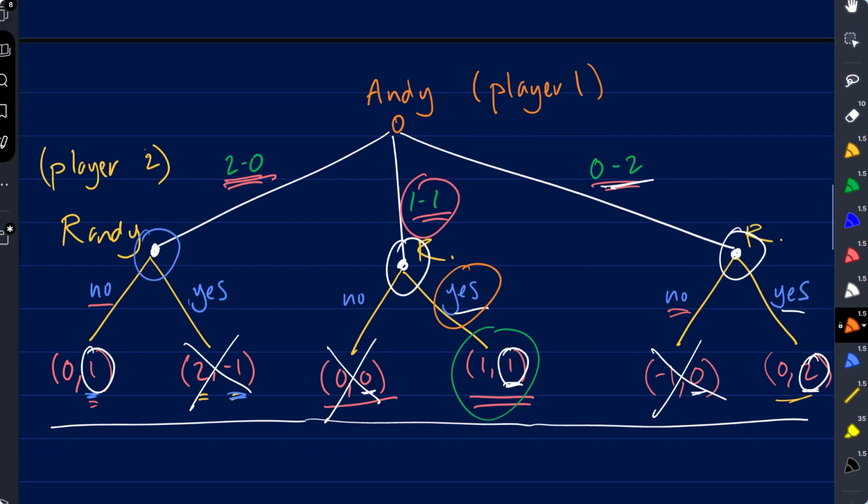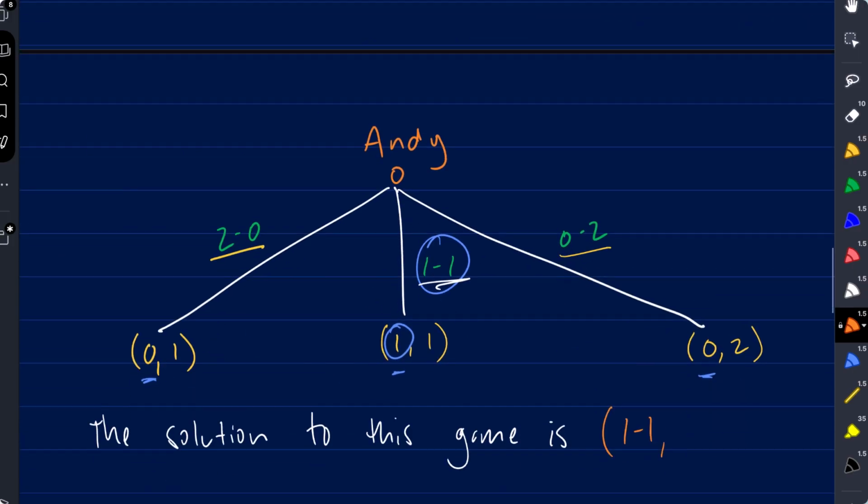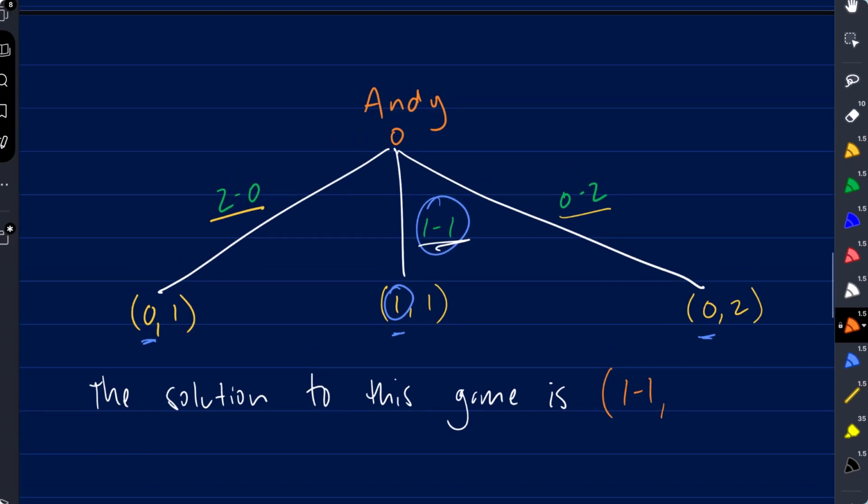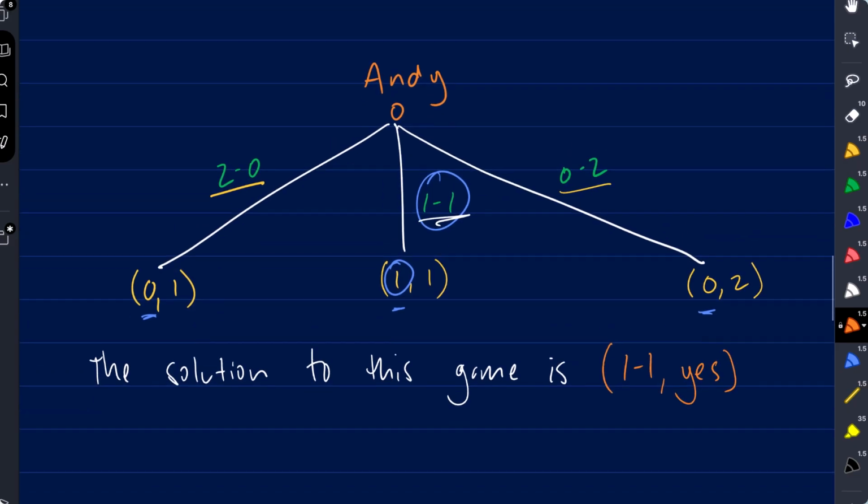That's going to be yes by Randy. So 1-1 and yes. And that's going to have the 1-1 payoffs.